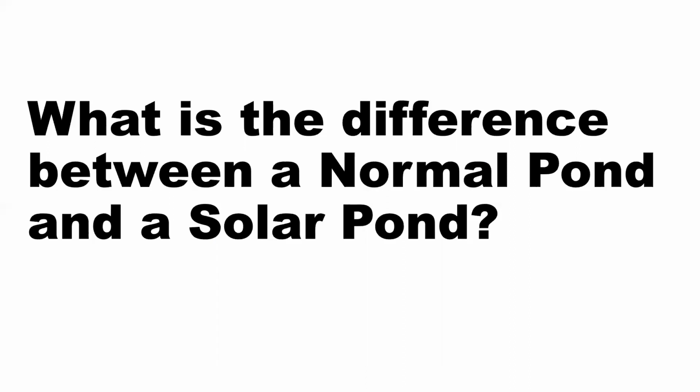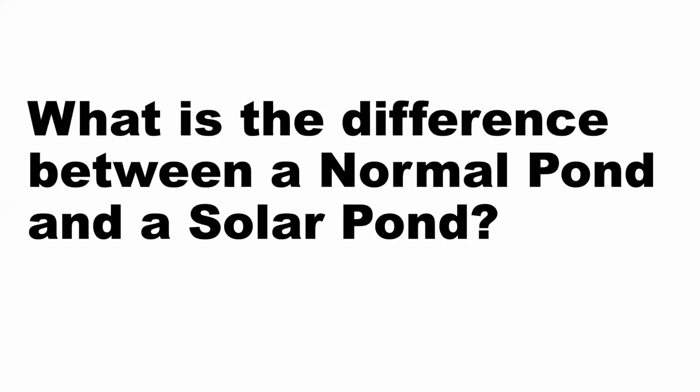It consists of an expanse of water about a meter or two in depth in which salts like sodium or magnesium chloride are dissolved. Salt water naturally forms a vertical salinity gradient, also known as a halocline, in which low salinity water floats on top of high salinity water.